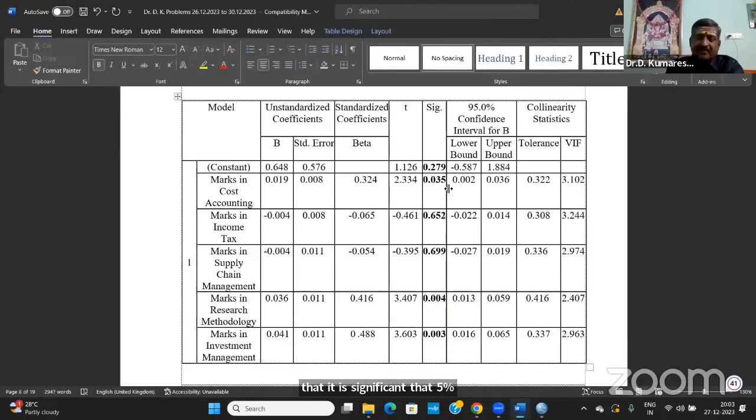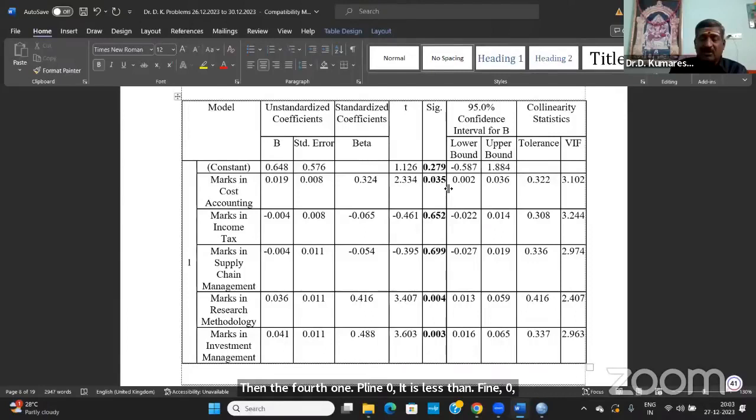Second one, 0.652. So there is no significance. Third one, 0.699, greater than 0.05. It is also not significant. Then the fourth one, 0.004. It is less than 0.01.